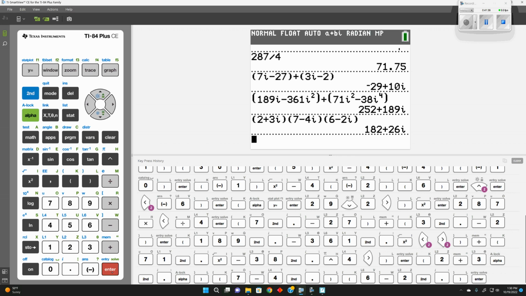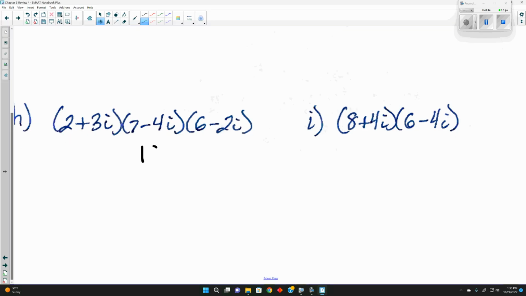We get this here, 182 plus 26i. And that would be our answer. Questions on any of the multiplication? No?